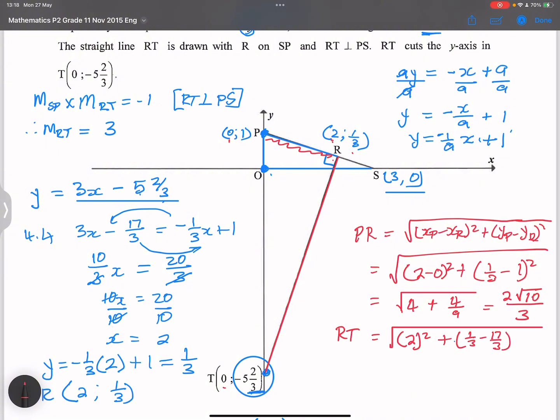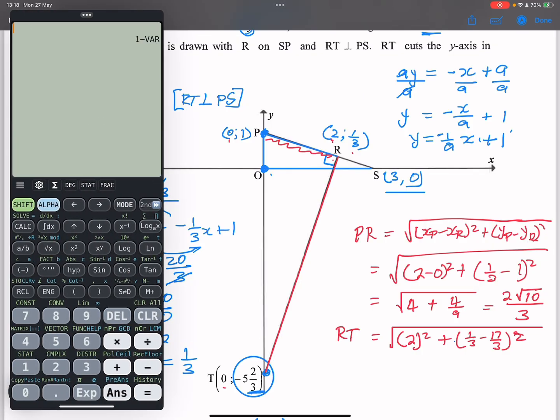In this case, that gives us minus 16 over 3 squared. Again, I'm not going to waste much time there. I'm going to say 4 plus negative 16 over 3, or we can just simply say 16 over 3.